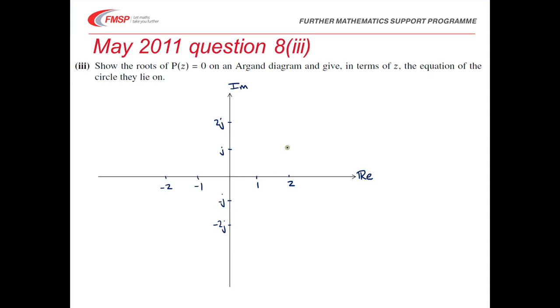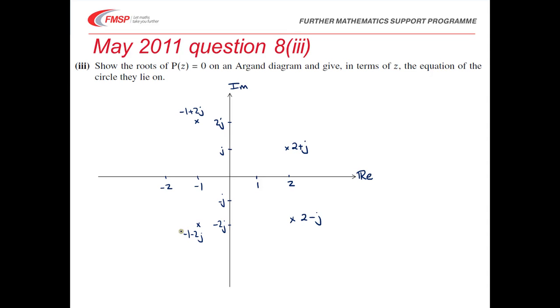So we've then got 2 plus j, and symmetrically below the axis 2 minus j, and minus 1 plus 2j, and minus 1 minus 2j.